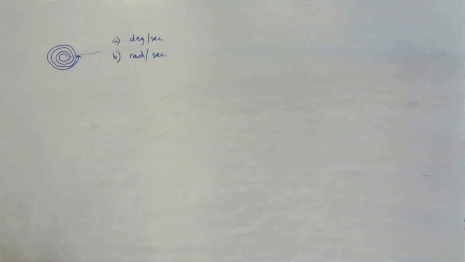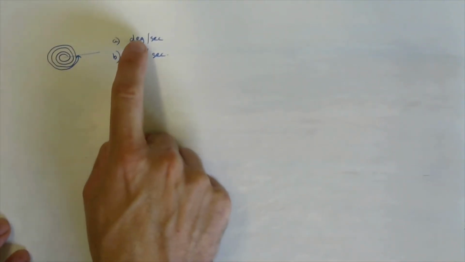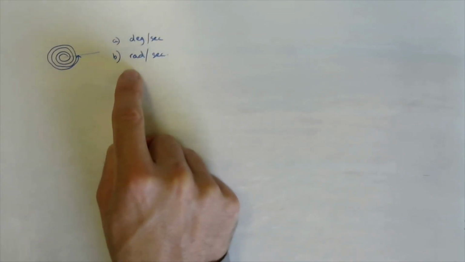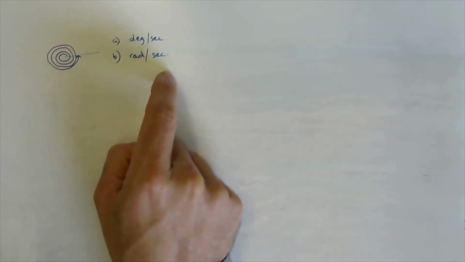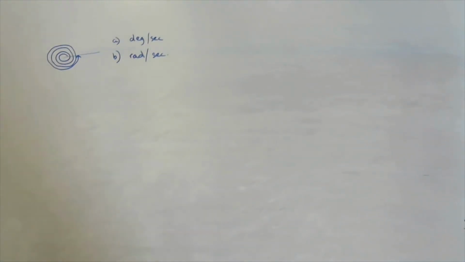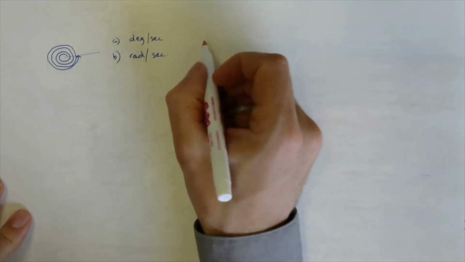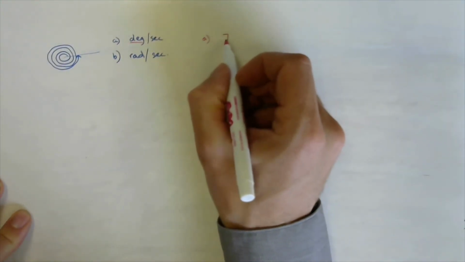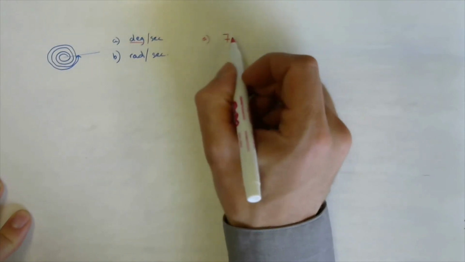Okay, it's given in revolutions per minute, 7,200 revolutions. So we need to think about how many degrees are in one revolution, and then figure out converting from minutes to seconds, and in B, how many radians are in one revolution, and then converting from minutes to seconds as well. So first, A. Let's figure out how many degrees we're talking here. 7,200 revolutions.